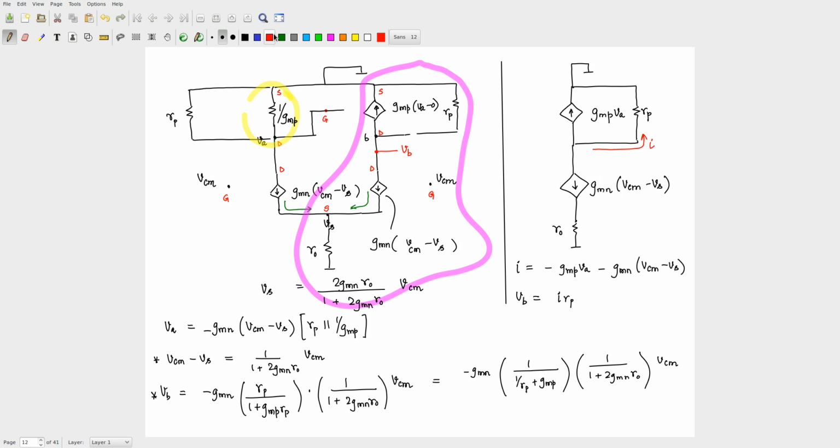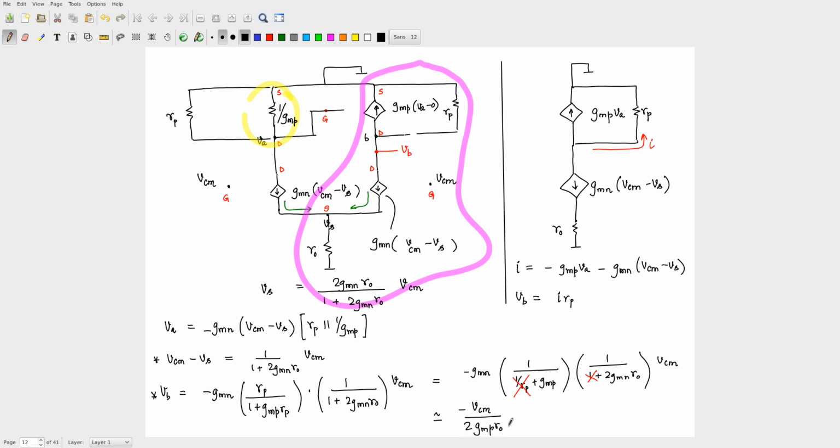Now you can do the approximations. So I drop this 1 by Rp with respect to Gmp, and I drop this 1 with respect to 2 Gmn R0, and I will get this as approximately equal to minus Vcm divided by 2 Gmp R0.